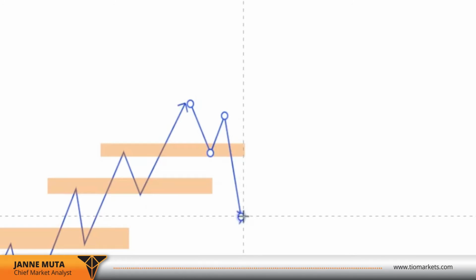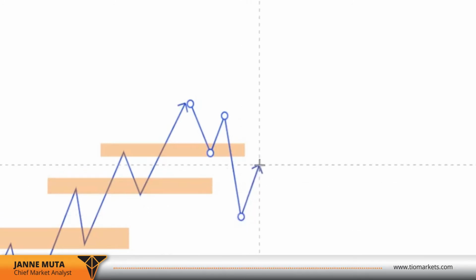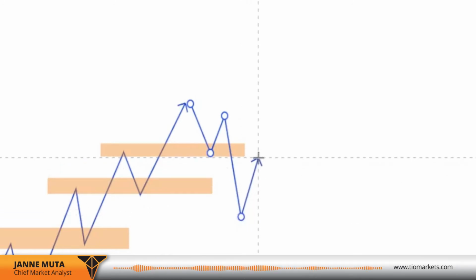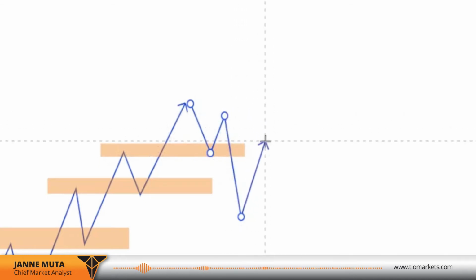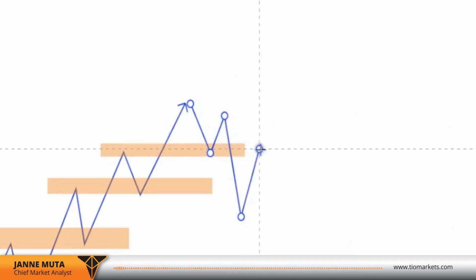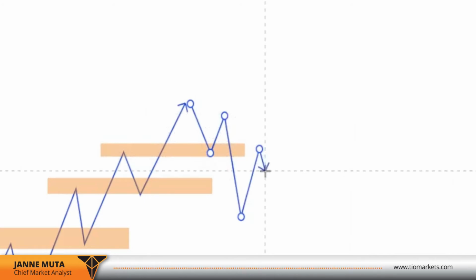So we have what could be a new start of a trend, this time a downtrend. If the market returns back to the same structure or creates a lower high, meaning a high anywhere below this point, then we have a confirmation of a downtrend.